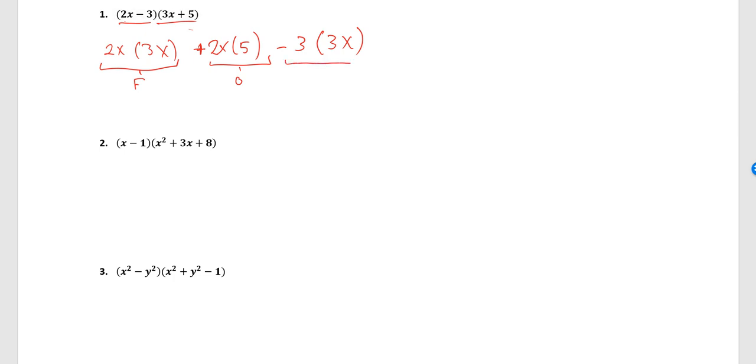And then the inner terms, minus 3 times 3x, right? And then the last terms, which are minus 3 and 5. So minus 3 times 5. And then this is the last term.